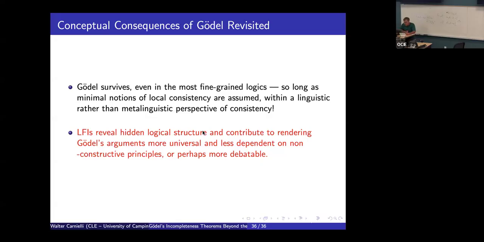My paraconsistent logic, as long as minimal notions of logical consistency are assumed within a linguistic rather than meta-linguistic perspective of consistency. Why linguistic? Because my bullet, my box, etc. are objects at the language level. It's not the meta-linguistic level. They are at the object level. And LFIs reveal hidden logical structure and contribute to rendering Gödel's argument more universal.